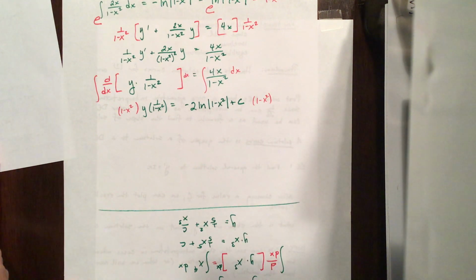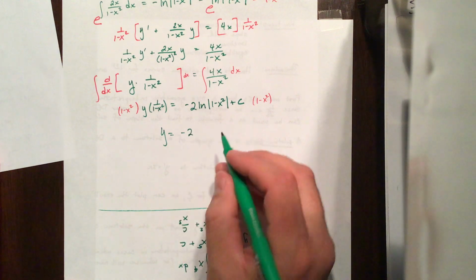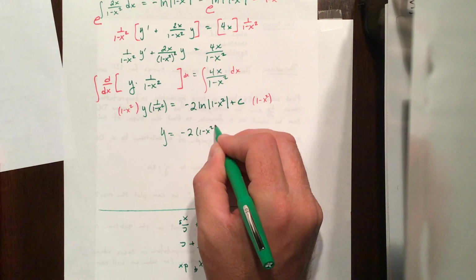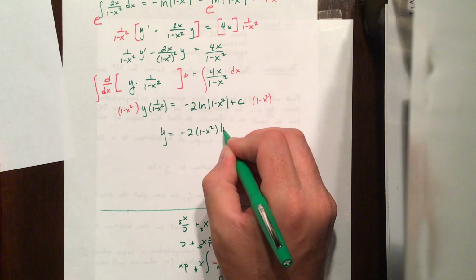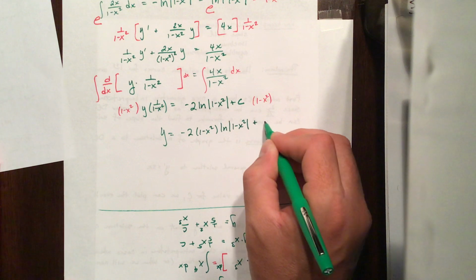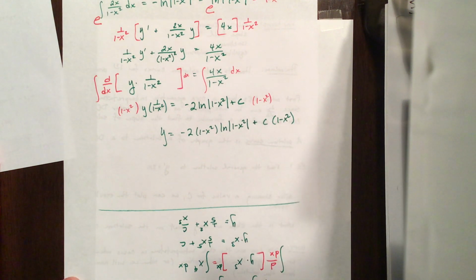Okay, and what do we get? We get y equals negative 2 times 1 minus x squared times the natural log of the absolute value of 1 minus x squared plus c times 1 minus x squared.